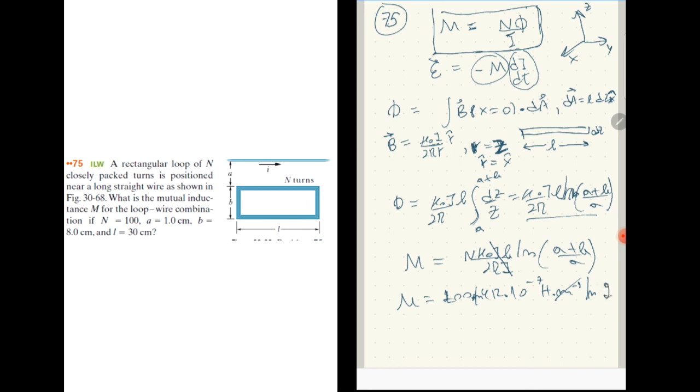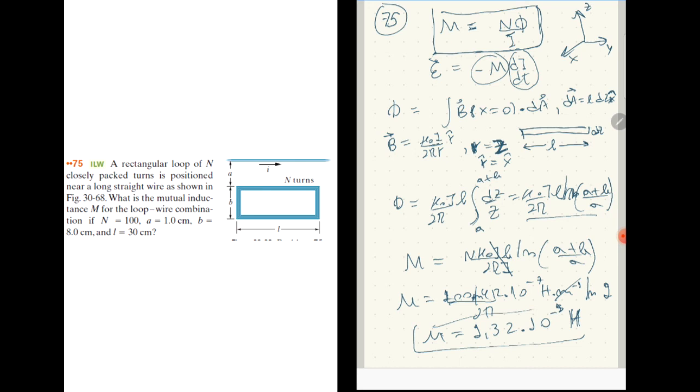So we get 9 over here, divided by 2 pi, and we get a multi-inductance of the order of 1.32 times 10 to the minus 5, and this is Henry. I hope this is the right unit. Anyway, this is the multi-inductance.